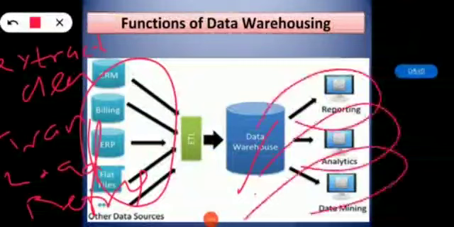Now, when we are talking about backup and archive of the data, in order to recover the data in the event of data loss, software failure, or hardware failure, it is necessary to keep a regular backup. Archiving involves removing the old data from the system. Why?